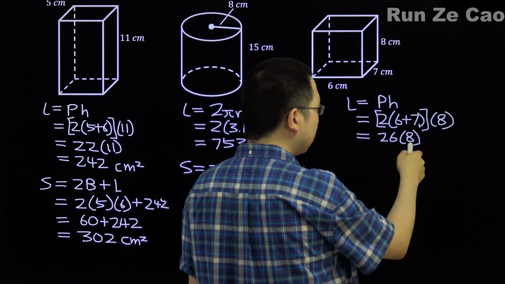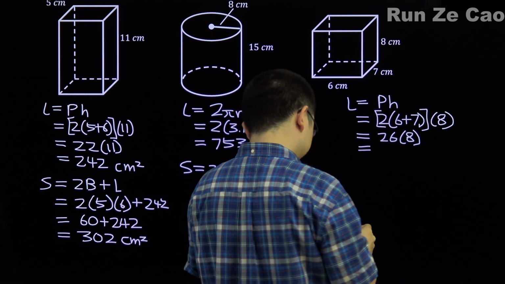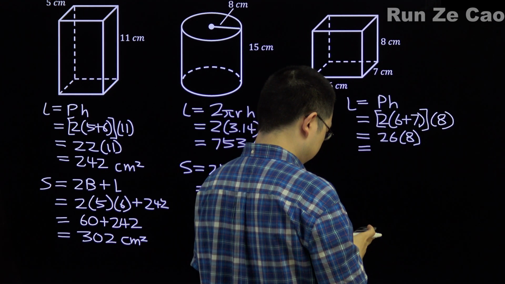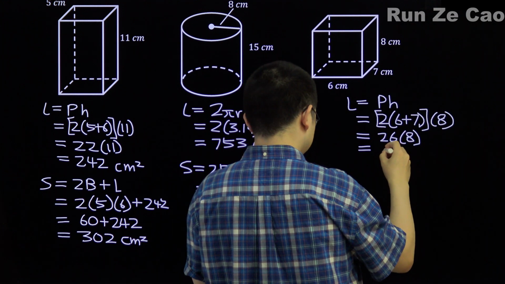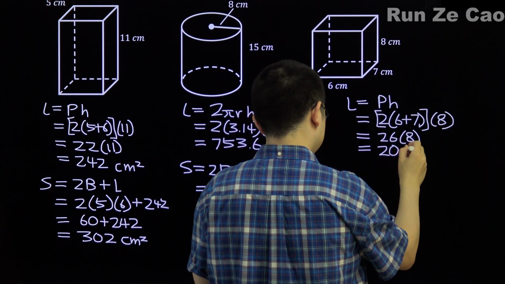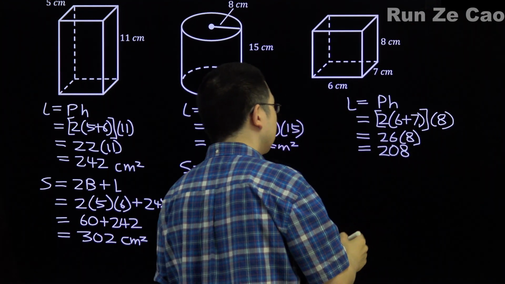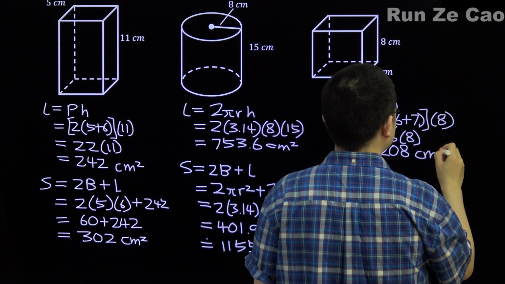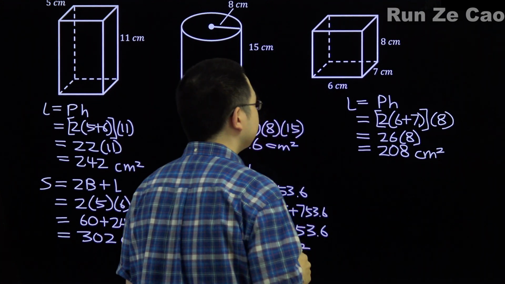Well, that's 26. And then times 8. 26 times 8. Not to be confused with the object 268. So this is 208, and it's centimeters squared.